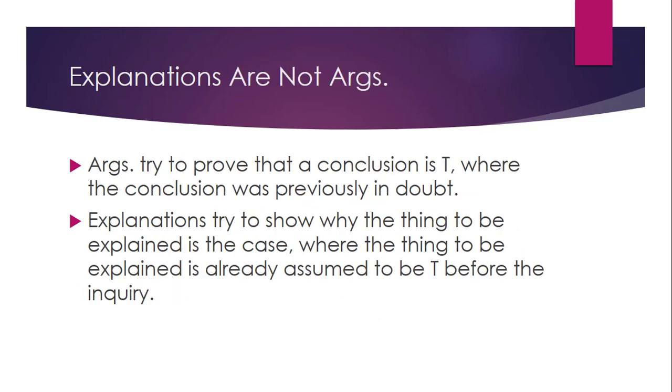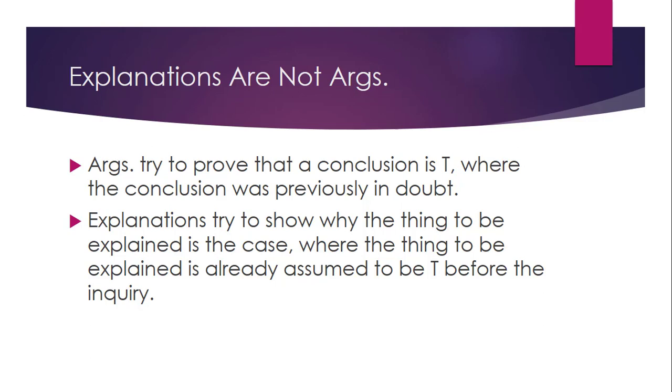Okay, so explanations are not arguments. There are similarities between explanations and arguments in that, for example, you can have correct and incorrect explanations, just as you can have correct and incorrect arguments. However, arguments try to prove that a conclusion is true, where the conclusion was previously in doubt. For example, lawyers during a criminal trial provide arguments, right?